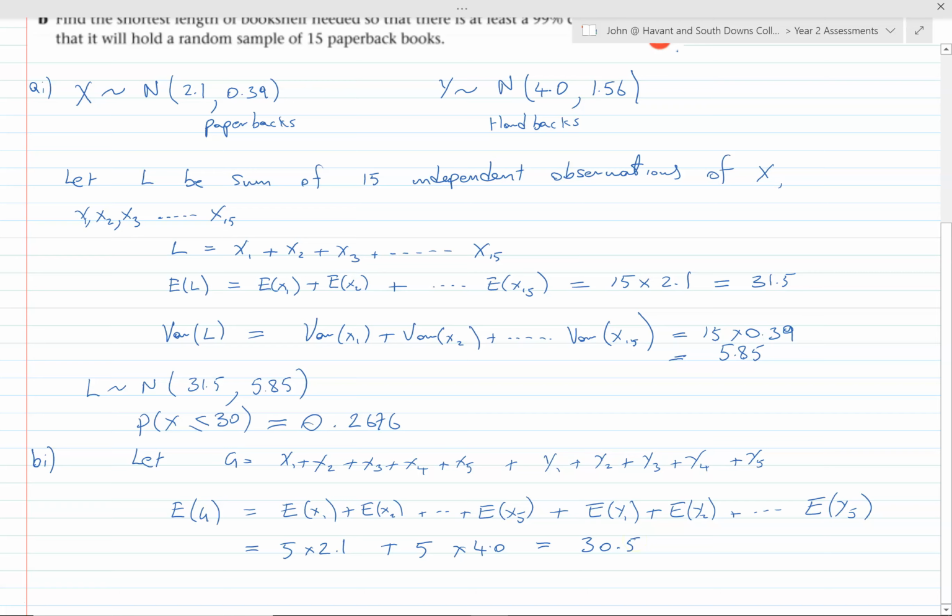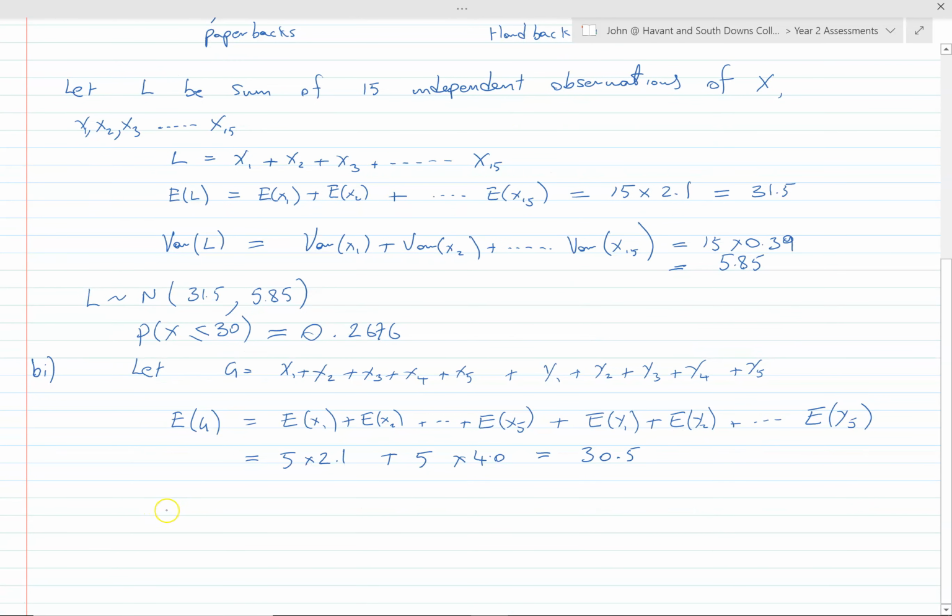Okay. And the variance, similarly, of G is equal to the variance of x1 up to the variance of x5 plus the variance of y1 up to the variance of y5, basically 5 times each one.